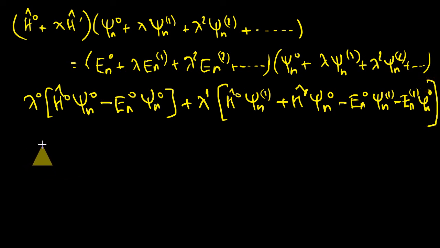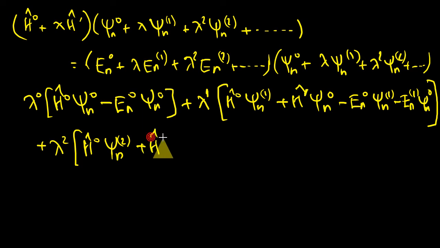Okay, now let us go for the other one, that is with lambda square. Which are the terms with lambda square? h cap 0 psi n 2 plus h cap dash psi n 1. No other terms on the left hand side, so we pick the terms from the right hand side.